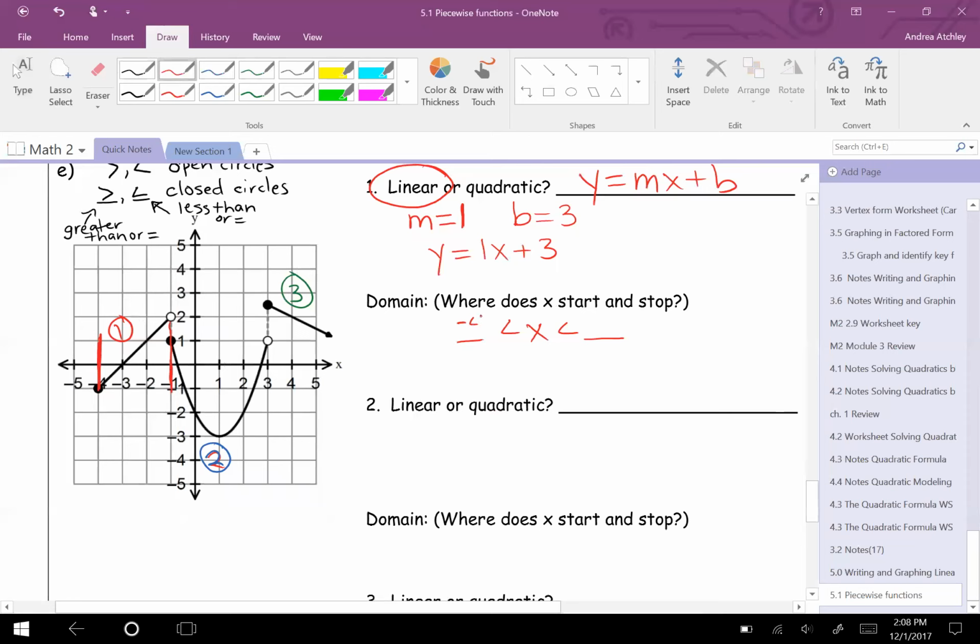So that's where it starts. And at -4, can it equal -4? Yes. Sebastian, why can it equal it? Because it's a closed circle. Yes, closed circle.